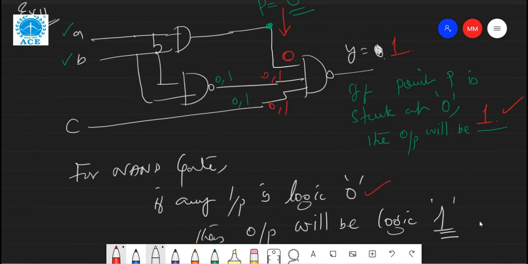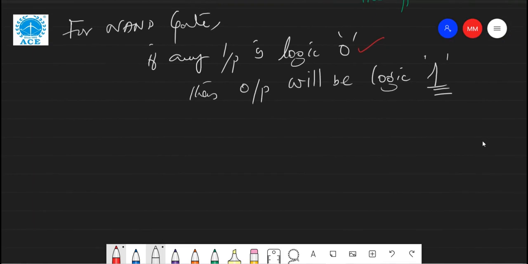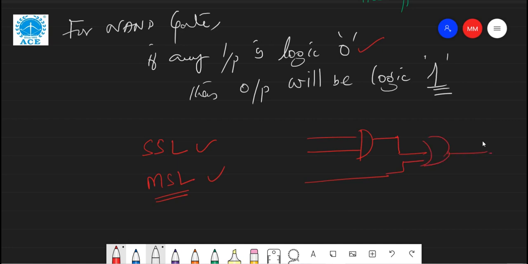Got my point? Another point I would like to say is that it is not necessary that we have only one stuck-at fault in a circuit. A single stuck line, SSL, we can call single stuck line, or multiple stuck lines. Which means what? I have one circuit, for example this one, with A, B, C. Here I have stuck at 0 and here I have stuck at 1, for example.